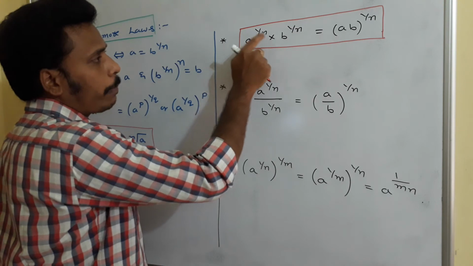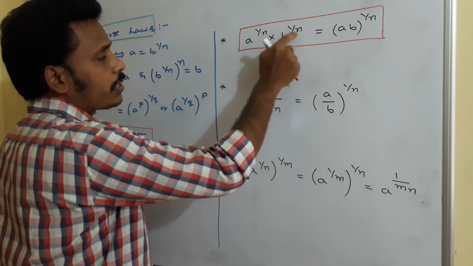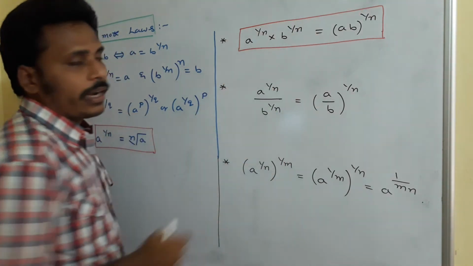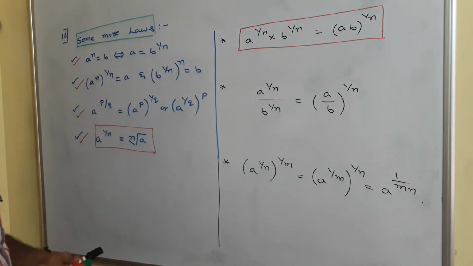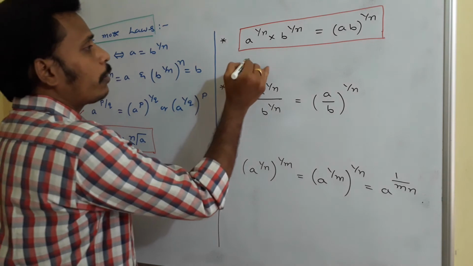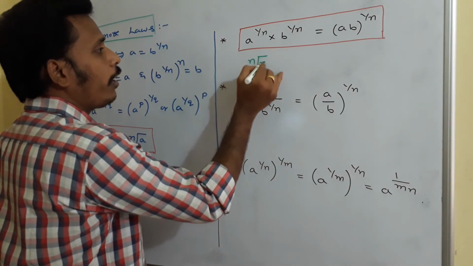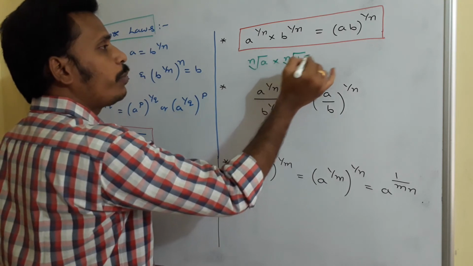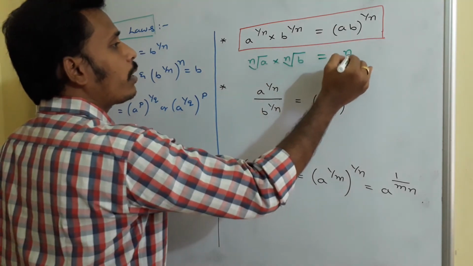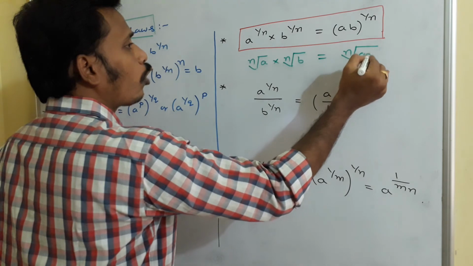Just observe, a^(1/n) · b^(1/n): since the powers are the same, you just pick and write it out. In terms of nth roots, a^(1/n) is the nth root of a, b^(1/n) is the nth root of b, and (ab)^(1/n) is simply the nth root of ab.